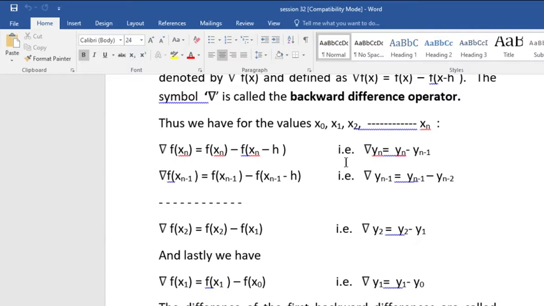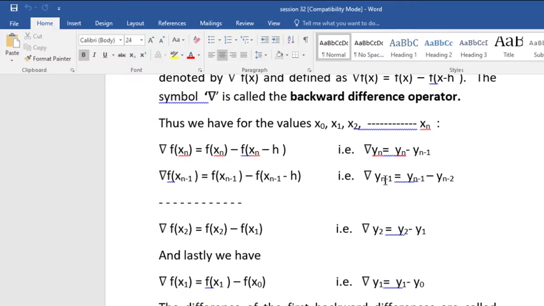In terms of y, we can write it as backward difference of yn is equal to yn minus yn minus 1. Backward difference of f of xn minus 1 is equal to f of xn minus 1 minus f of xn minus 1 minus h.